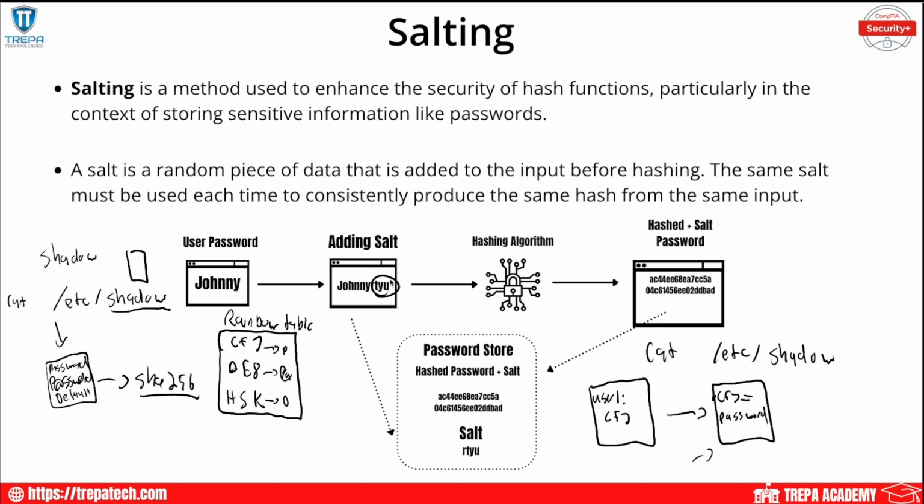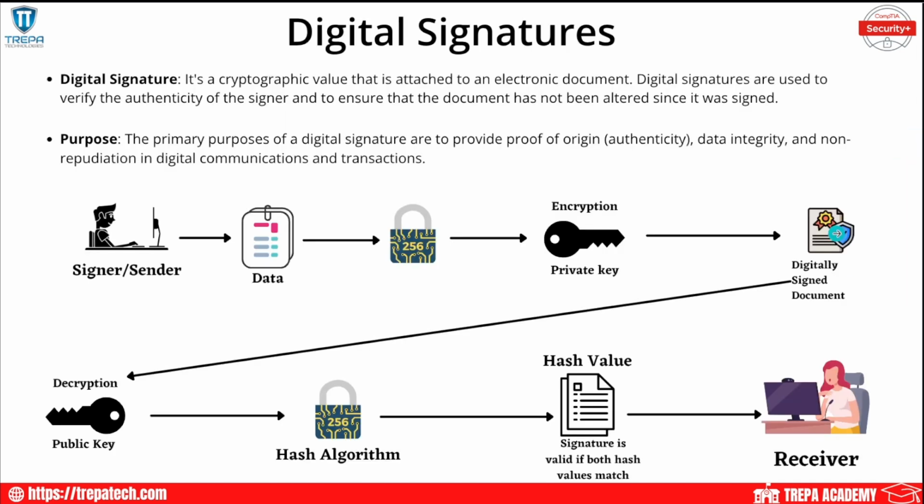We'd have to create probably billions of rainbow tables to try to find the equivalent. At that point, what's the point, right? So salting helps us protect against attacks like that, because running the same algorithm against the same input should create the same digest.